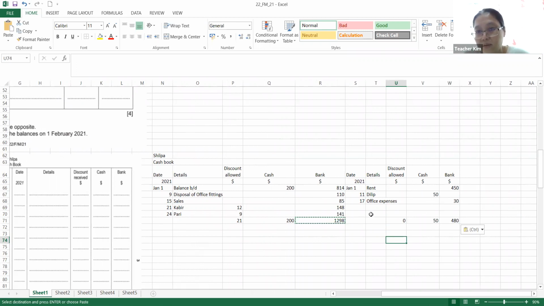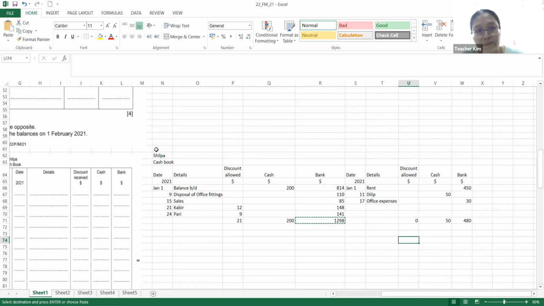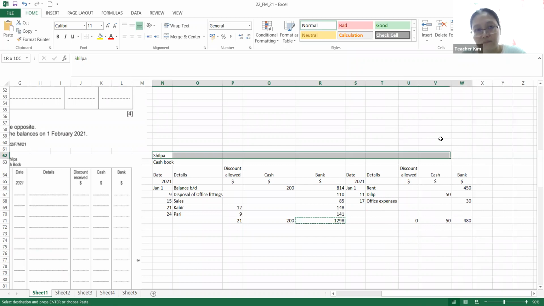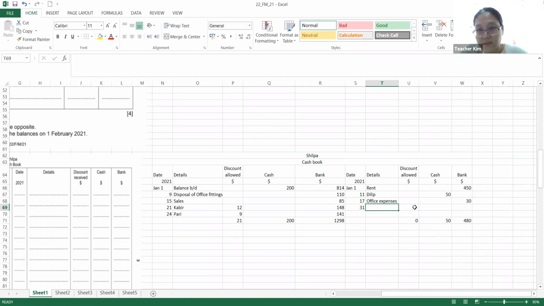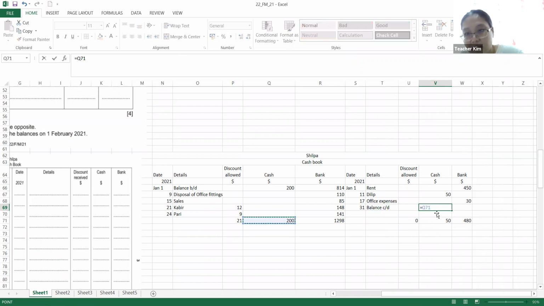Okay, so this is the account that we have. Now what we've got to do is see the differences between the two sides. Here we have 31st, balance carried down. 50, so take this minus 50, and then minus this.